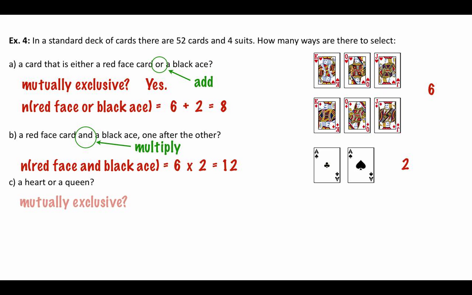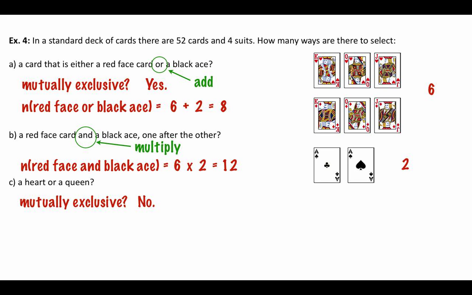But we need to ask ourselves, are these 2 things mutually exclusive? Can you reach into a deck of cards and pull out a card that happens to be a heart and a queen? The answer in this case is yes, you can do that. So these 2 events, pulling a heart and pulling a queen, are not mutually exclusive because they can happen at the same time.